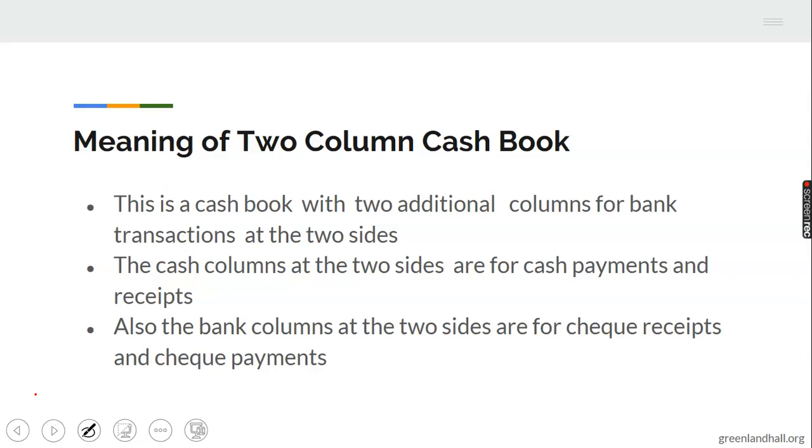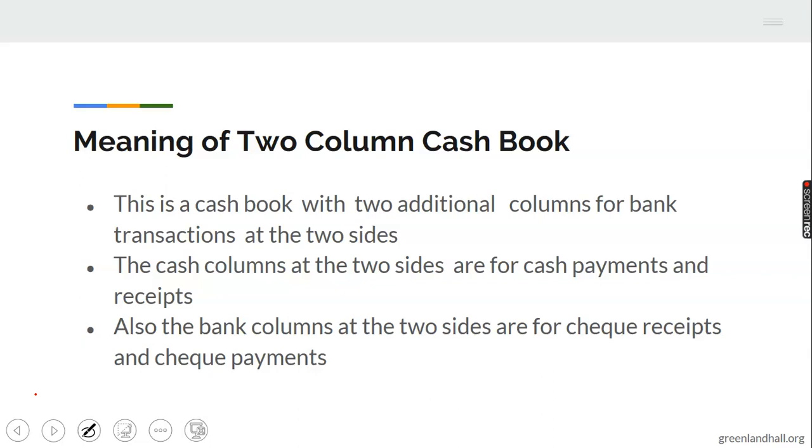However, in a 2-column cash book, according to its name, this is a type of cash book that has 2 additional columns at the two sides, that is for bank transactions and cash transactions. We have 2 extra columns in addition to the cash columns existing in a single-column cash book before.